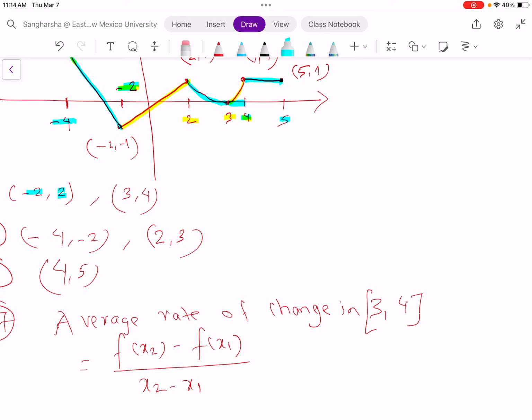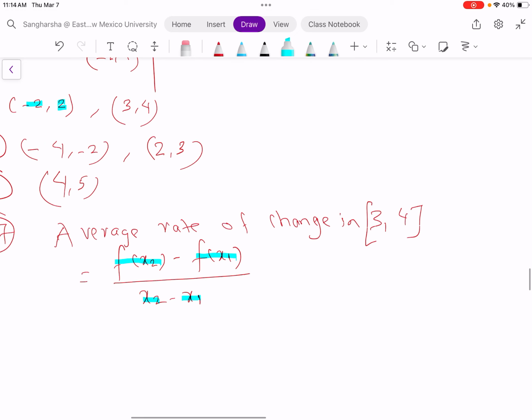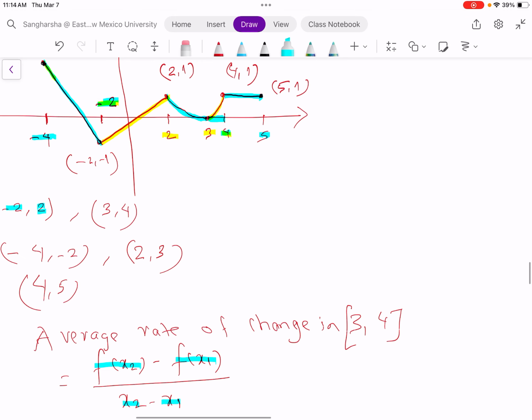So we want f of x2, f of x1, x2, and x1. F of x is y, right? So f of x2 is y2, f of x1 is y1. Do not get confused.